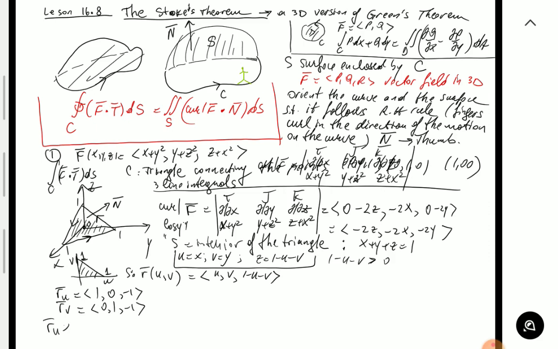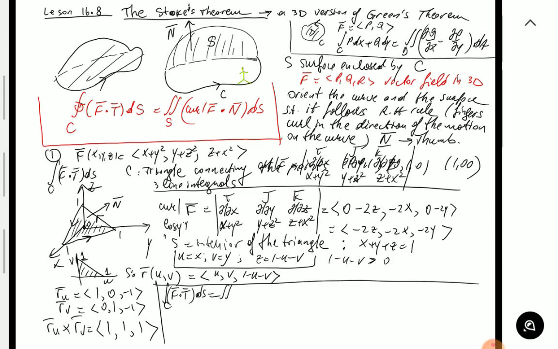And then the cross product of the two, which we're going to need in the surface integral, will be, well, the normal is (1, 1, 1). You can also guess this, right? So it's going to be 1, 1, and 1. Okay, so now finally we compute the integral. So therefore the line integral, if this is the objective to begin with, via Stokes becomes the surface integral of the curl dot n dS.